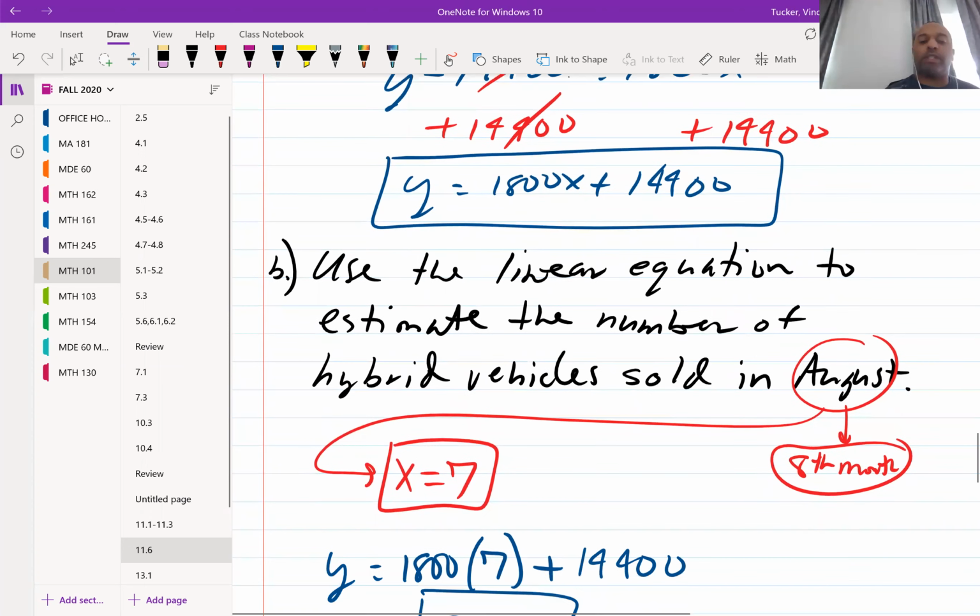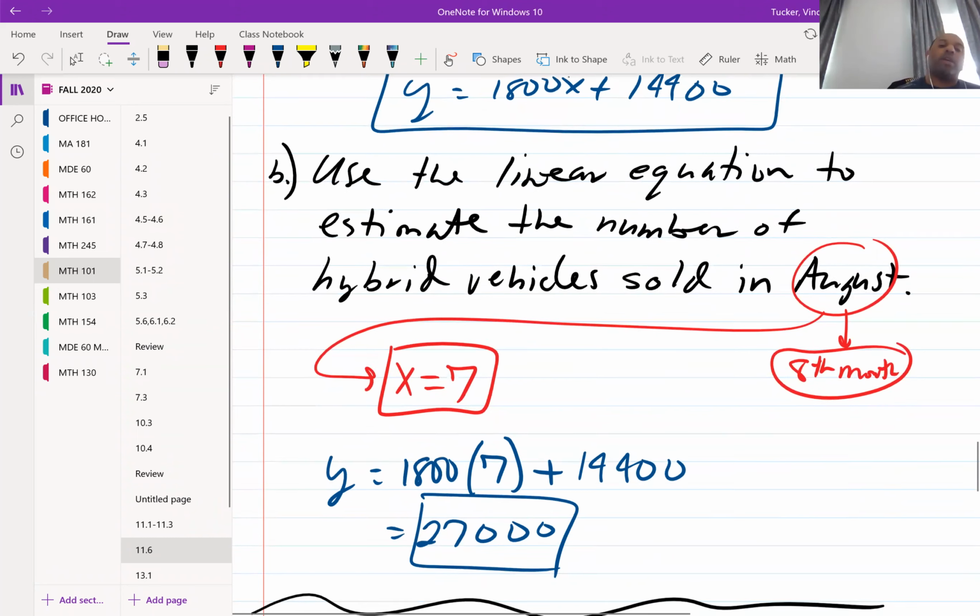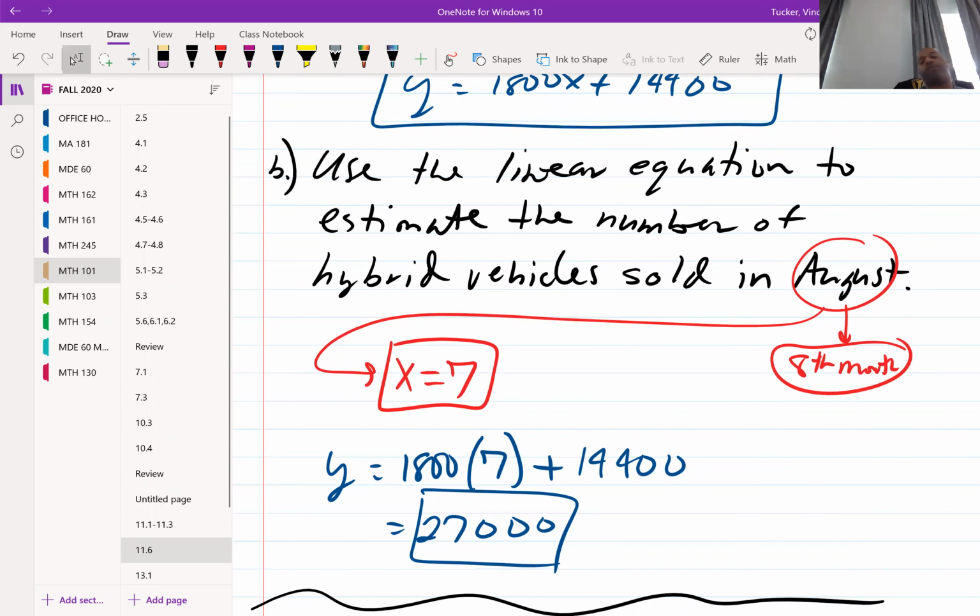All right, so take the 7, plug it into the equation. 1,800 times 7 plus 14,400 would be 27,000.